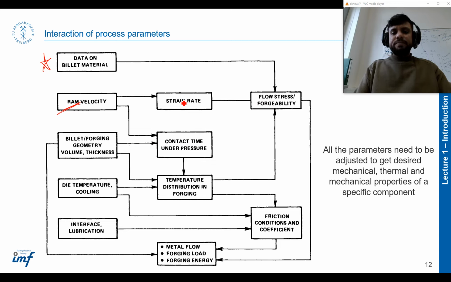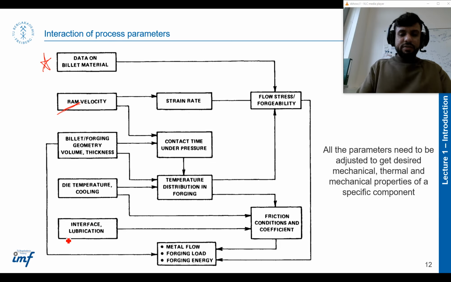And this strain rate is important in defining the flow stress or forgeability of the material. And then the third thing which is important for us is the geometry of the billet, the temperatures, and the interface lubrication.